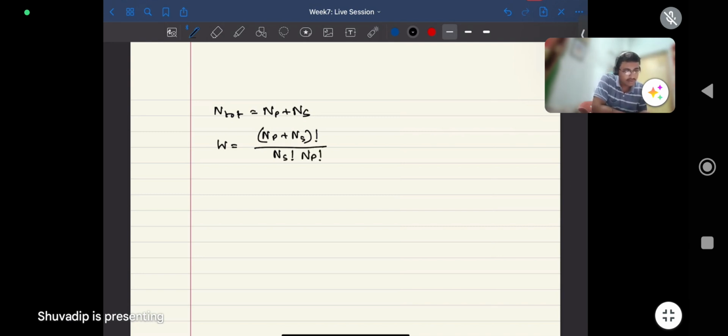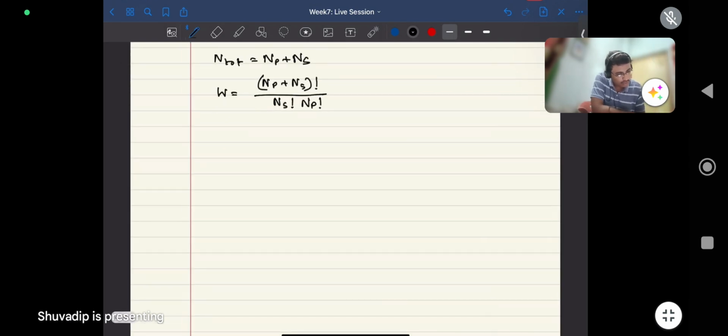This is a fairly simple formula, I guess, for you. And this entropy will be proportional to ln omega, and we will take the log of this: log of Np plus Ns factorial minus log of Ns factorial minus log of Np factorial.